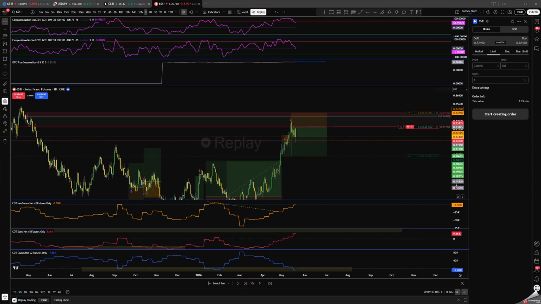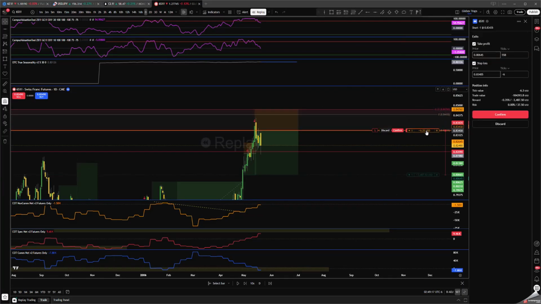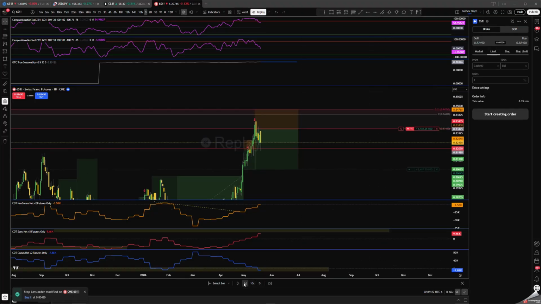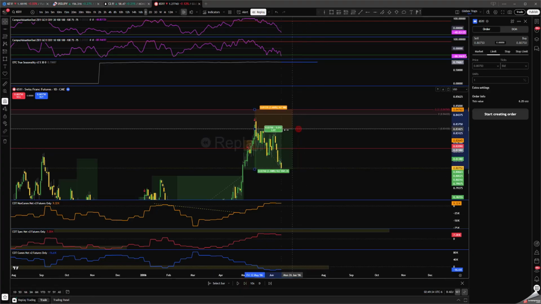Okay, so price reached 1-to-1. We'll put break even. Break even hit. However, eventually it hit the target.